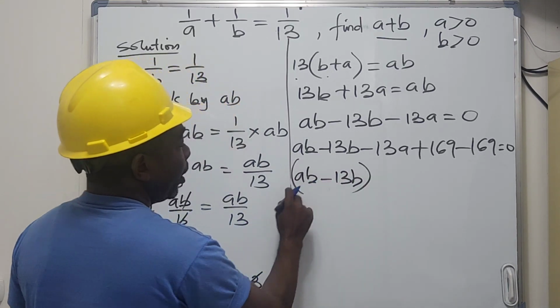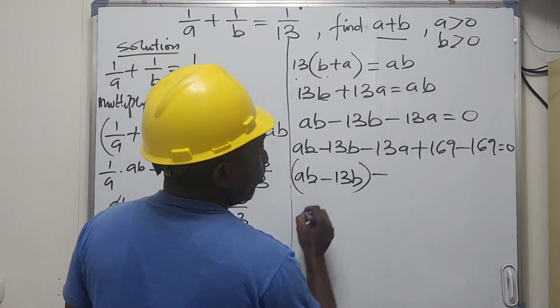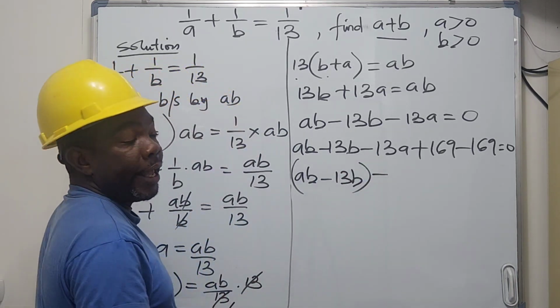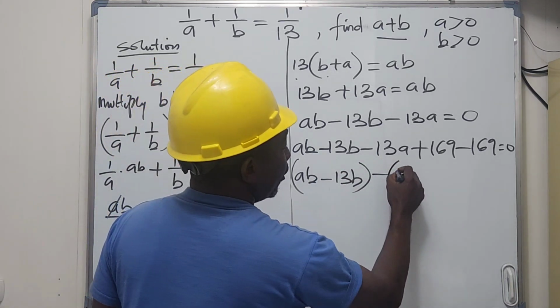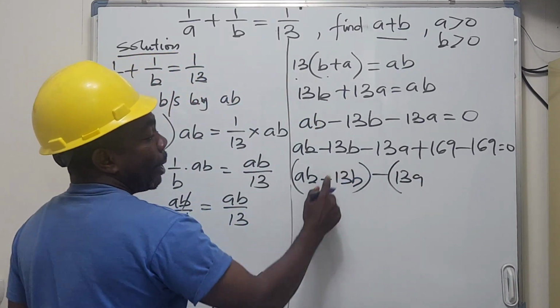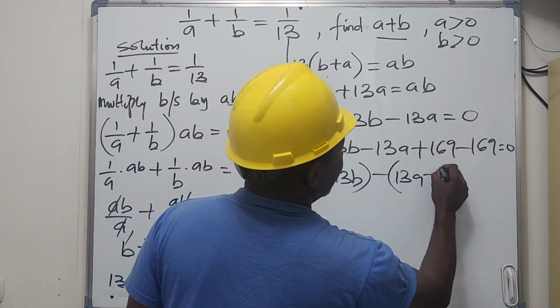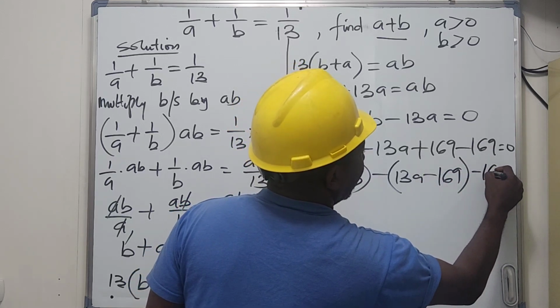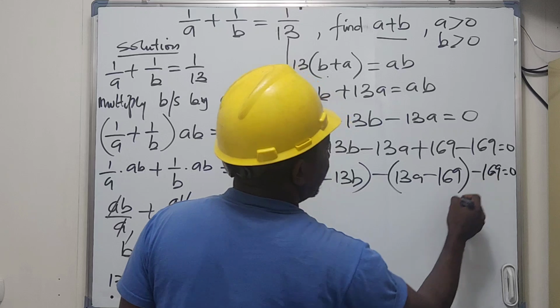We group this, and here we bring down minus. Dividing minus 13a by minus, it will give us 13a. Dividing 169 by minus, it will give us minus 169. So we are now left with minus 169 equals 0.